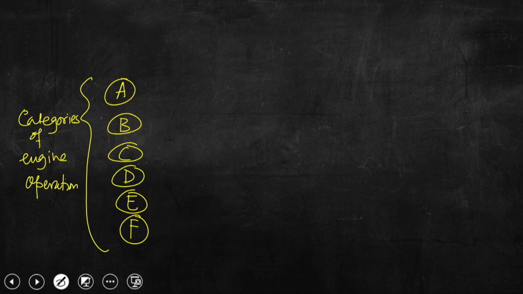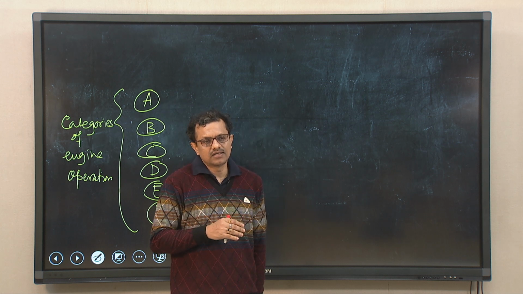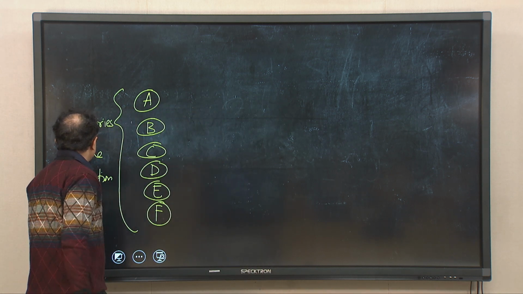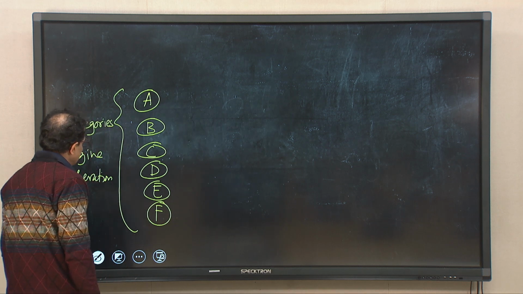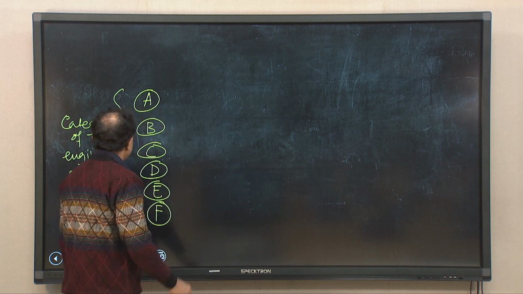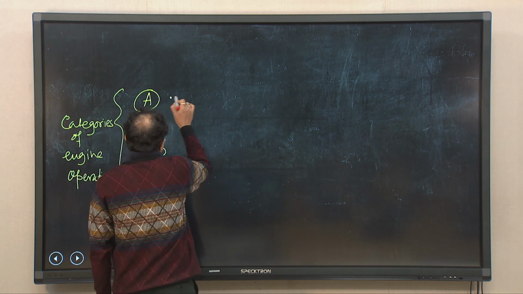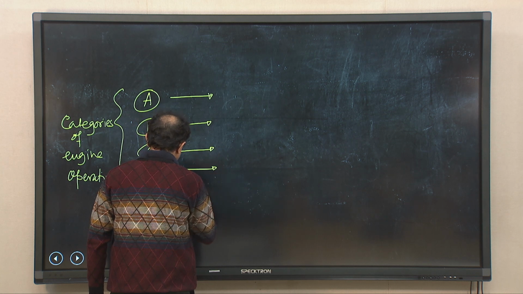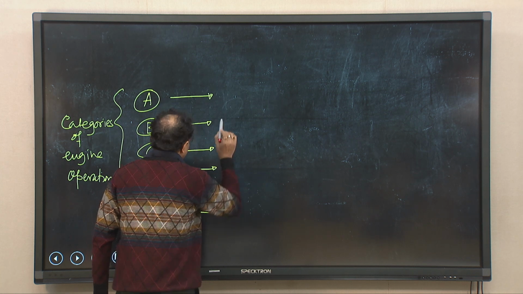Maybe idling, engine needs to accelerate, engine needs to decelerate, engine needs to run in a power zone, engine is running in idling condition. All these possible categories are here. We really do not know how many such categories are there, we will see soon, and then each category corresponds to a distinct mode.